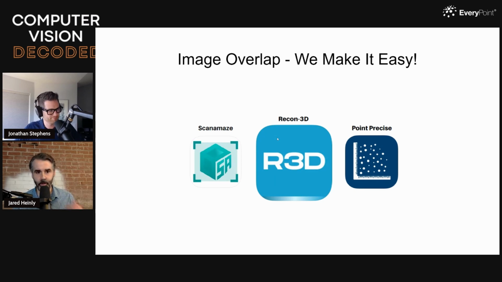But as you'll find, depending on the distance that you were to that object or how fast you were moving, you're going to have varying degrees of overlap in that set of extracted frames.